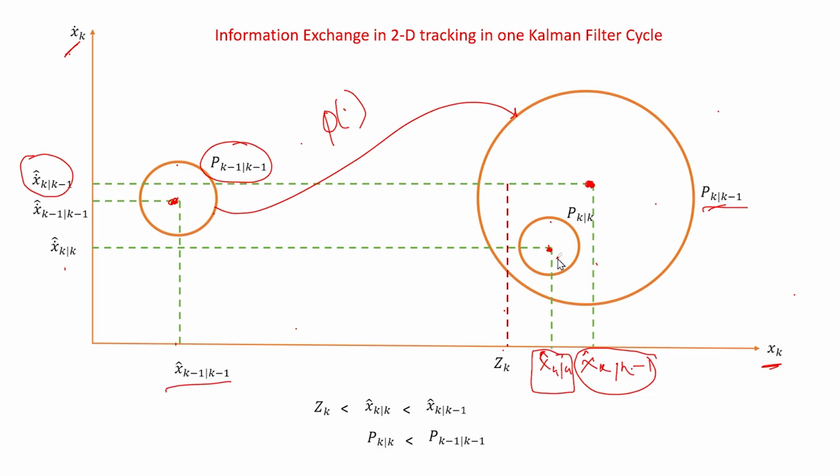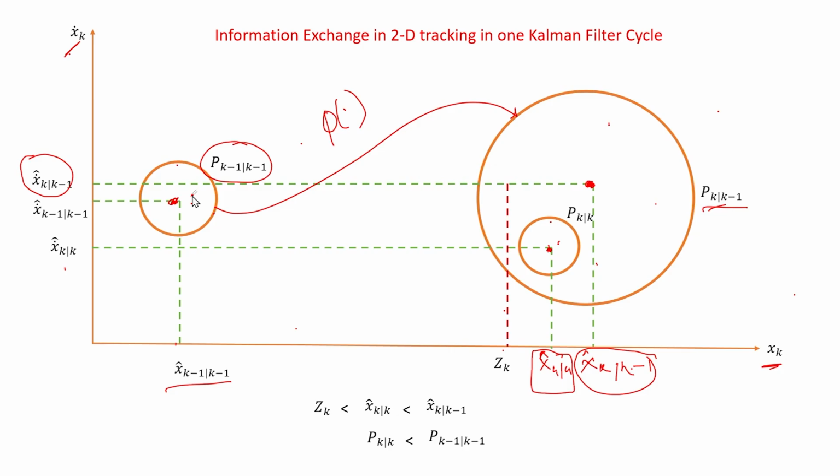This is the largest circle, the predicted circle. From here you have predicted, so your error has gone up, such a big circle. Then when you incorporate measurements, your error comes down again, shrinking, and this one is slightly less than the earlier one. See the circle radius here and here.